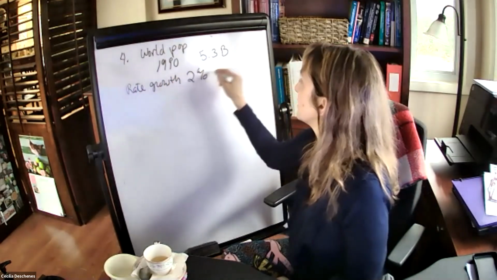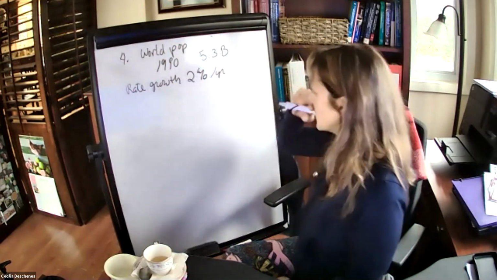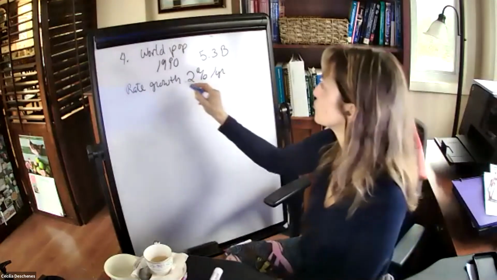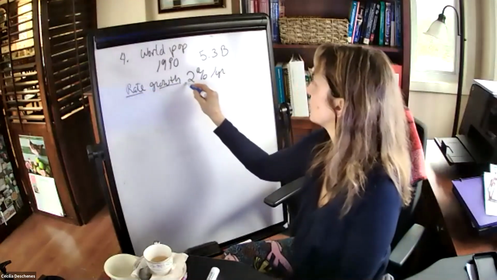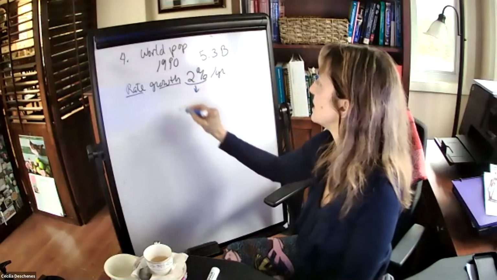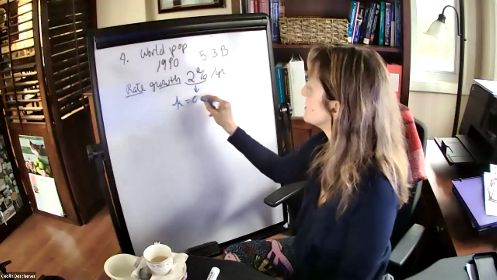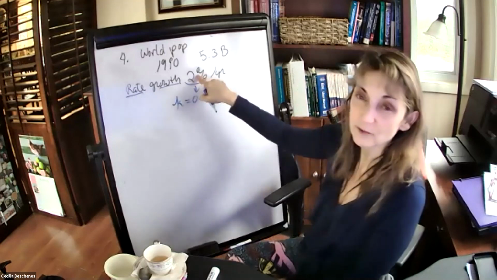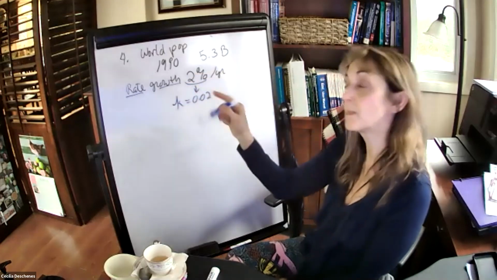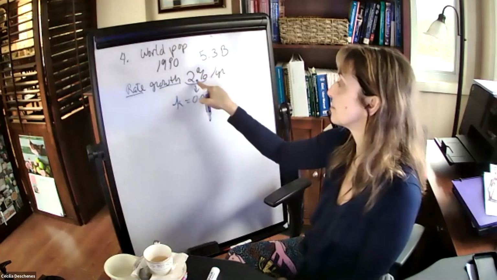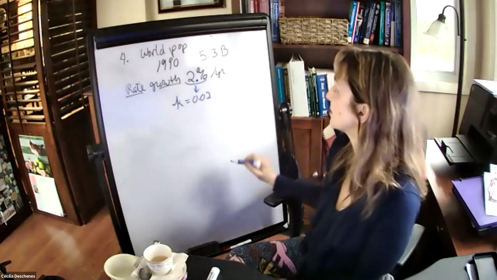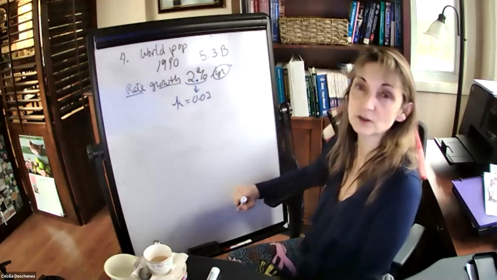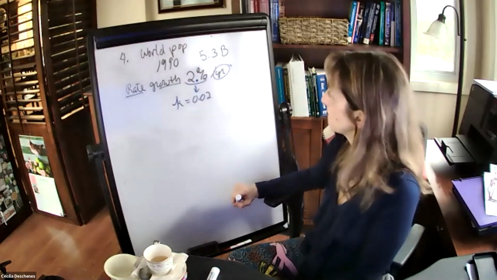of 2% per year. Okay, so when you see this rate of growth of 2%, the k is 0.02. You remember how to convert a percent to a decimal. You move the decimal that's implied right here 2 to the left, and we get k equals 0.02. We know that our time is going to be measured in years.